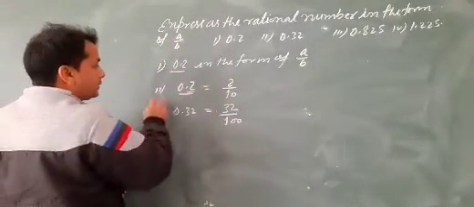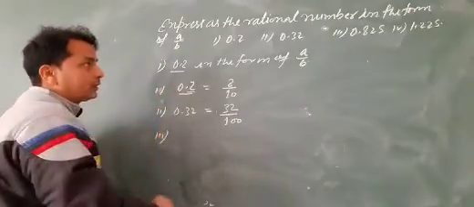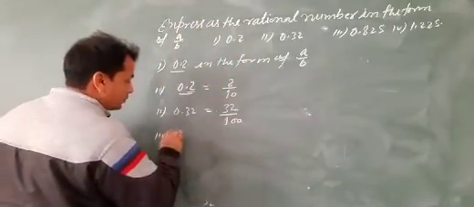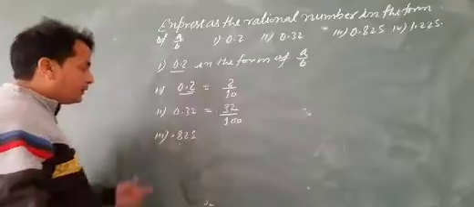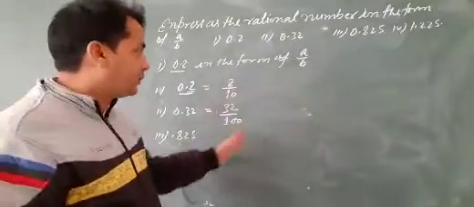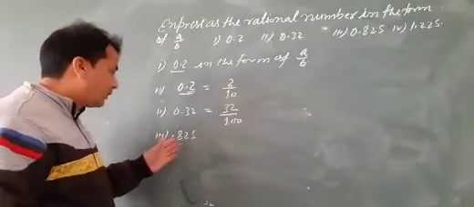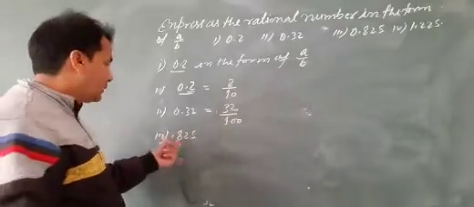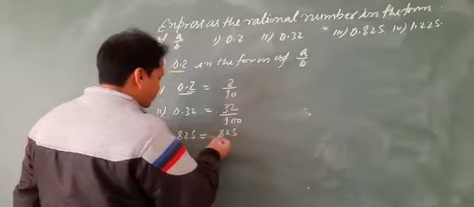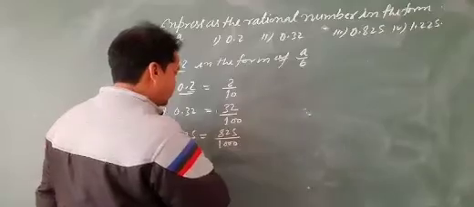Now the third, 0.825. Converting this decimal number into the form of a by b, after the decimal point there is a 3-digit number, so 825 divided by 1000.